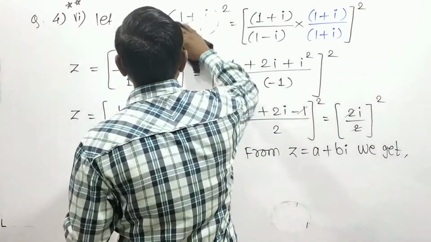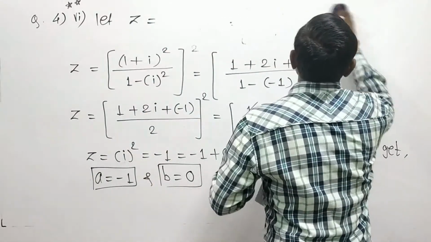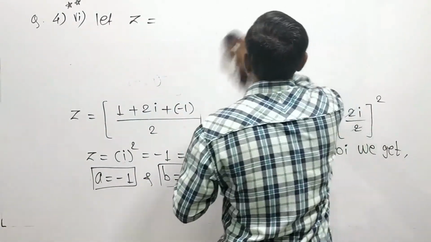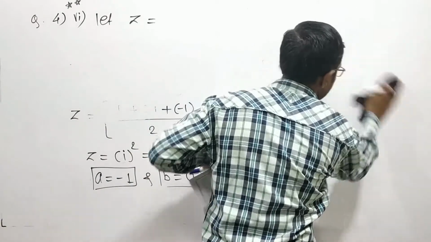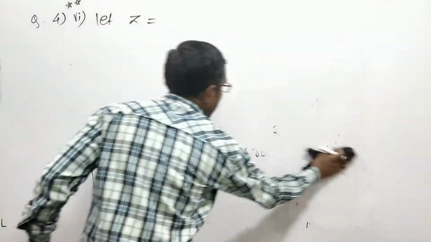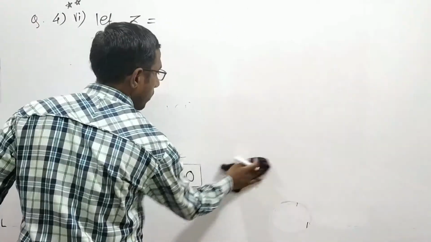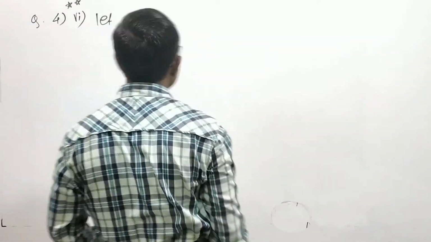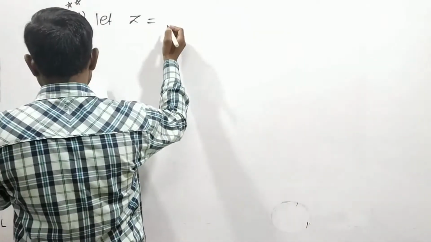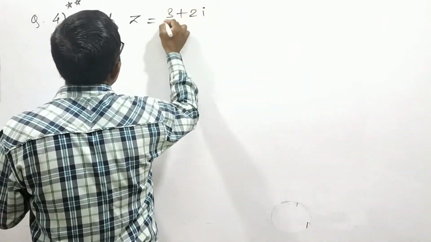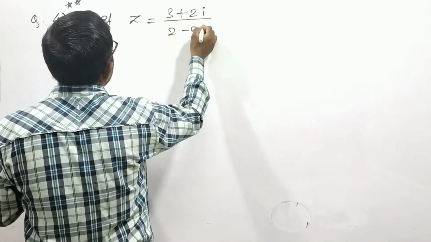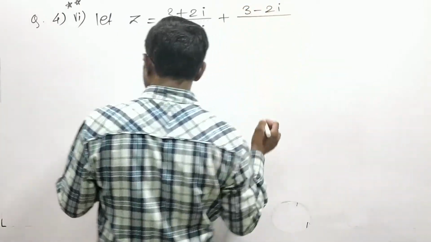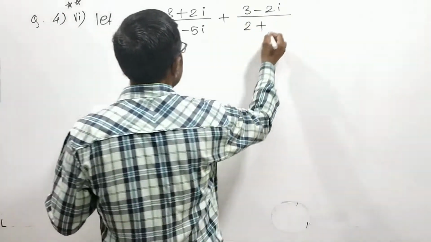Now what is this? So z is equal to the bit number 6, which is 3 plus 2i divided by 2 minus 5i, plus 3 minus 2i divided by 2 plus 5i.